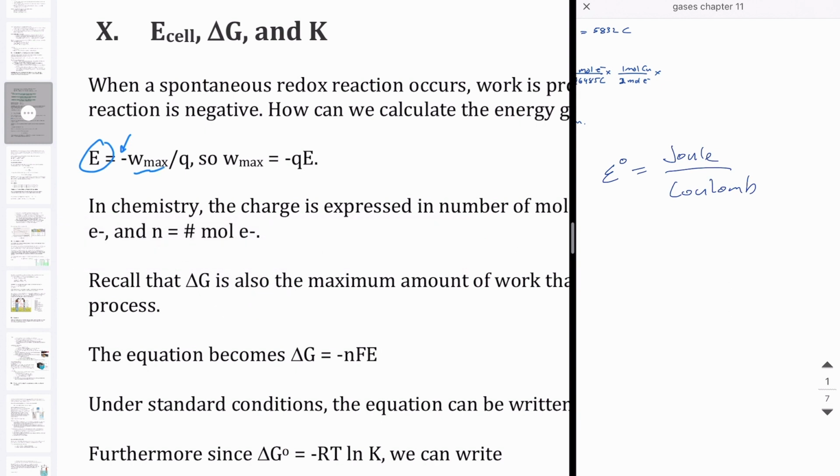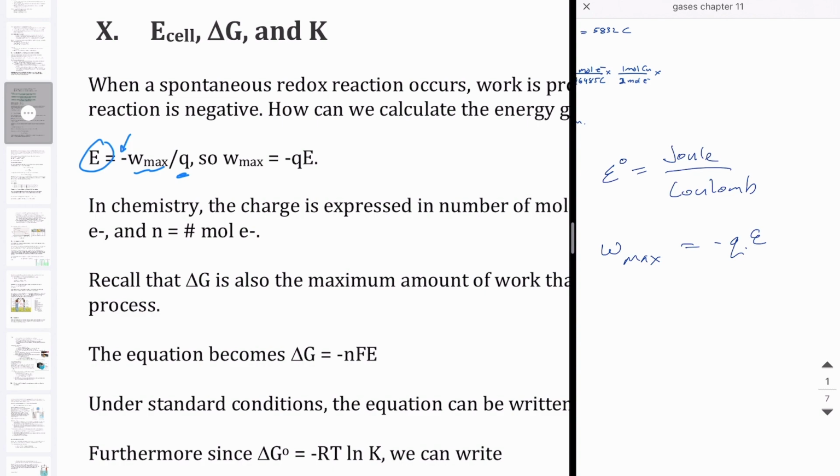It's the negative of the maximum amount of work, divided by the coulombs, the amount of charge produced by that voltaic cell, which we give the symbol Q. If we rearrange that equation, we get that maximum work is equal to negative Q times the E cell.